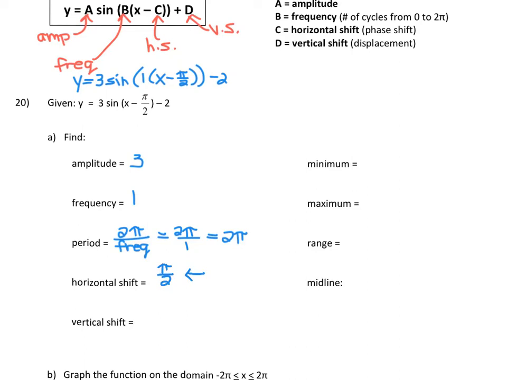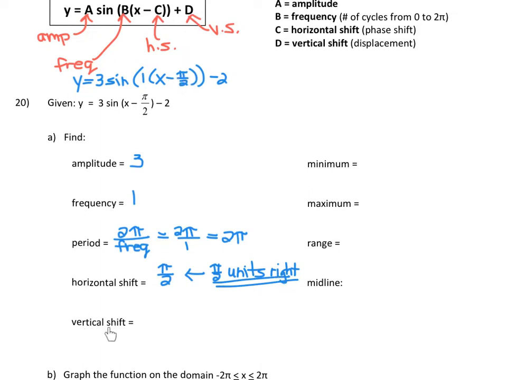What that means is that our graph is going to be shifted pi over 2 units to the right. Do you guys remember from shifts earlier on in the year? If there's a minus sign in the parentheses, you're shifting to the right. If there's a plus sign in the parentheses, if this said x plus pi over 2, we'd be shifting pi over 2 units to the left. Okay, so a minus sign means we're shifting to the right. A plus sign means we're shifting to the left.